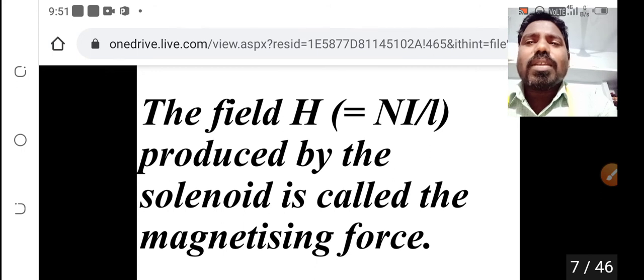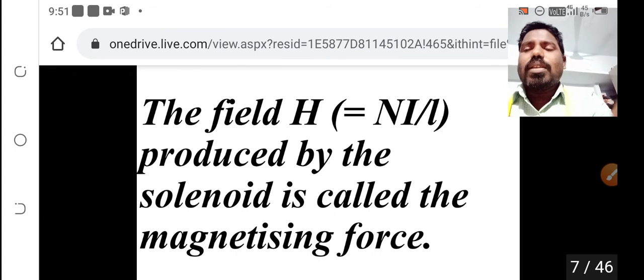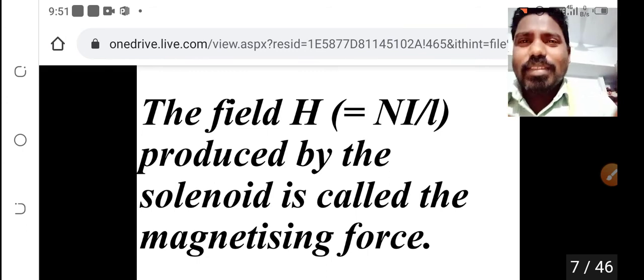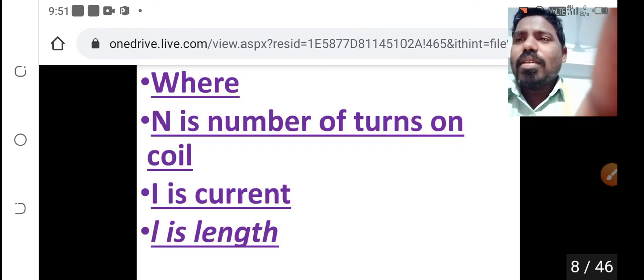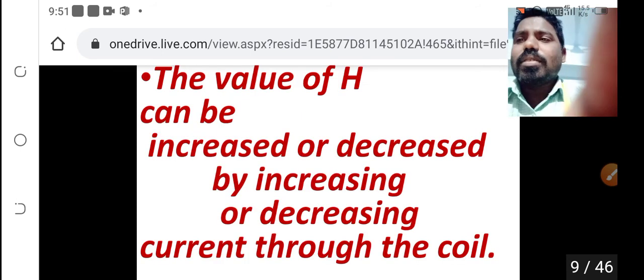It depends on N, I and L: number of turns, current, as well as length. The field generated by the solenoid is defined as the magnetizing force, where N is the number of turns on the coil, I is the current, and L is the length.